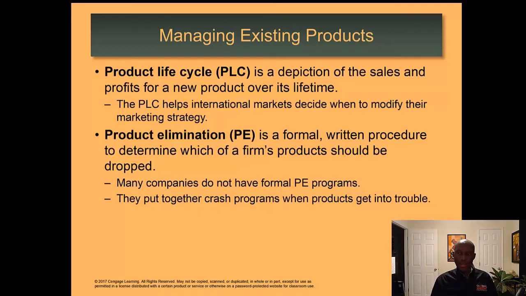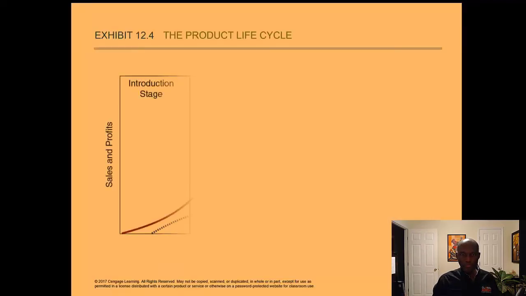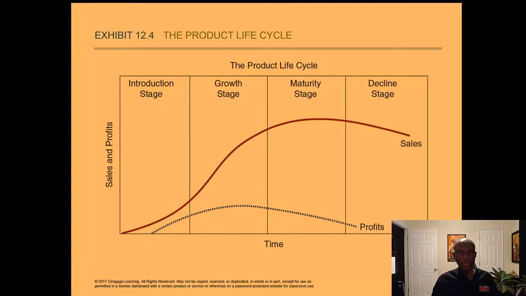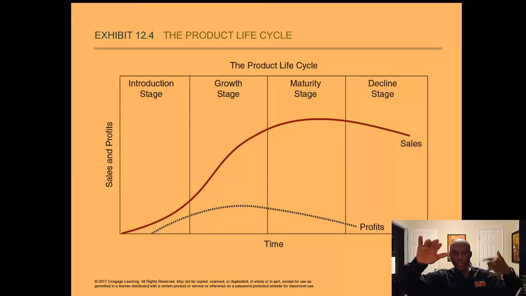Now, this product life cycle that you see here is the same one that's in Principles of Marketing. You have the introduction stage, the growth stage, the maturity stage, and the decline stage. And of course, your sales begin to pick up in the growth stage, and it levels off as more competitors come into the market and compete.